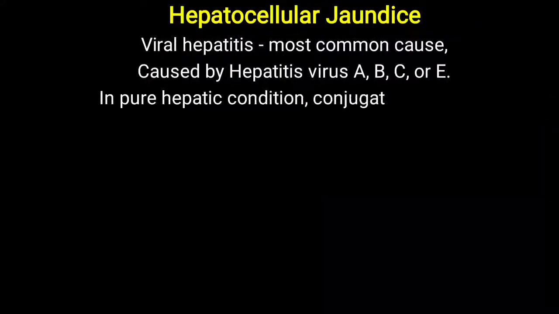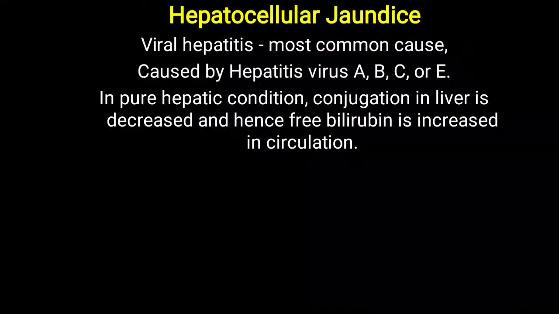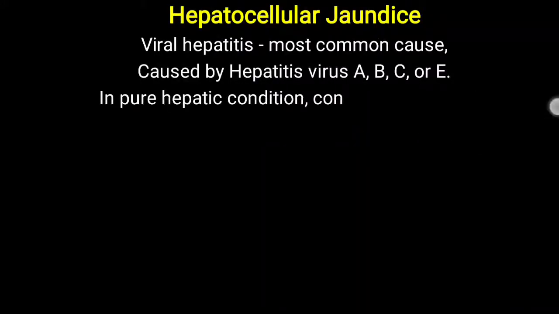That can lead to damage of the liver cells, which affects the conjugation process of bilirubin. So in pure hepatic conditions, conjugation in the liver is decreased, and hence free bilirubin level is increased, meaning the unconjugated bilirubin level will be increased in the circulation.